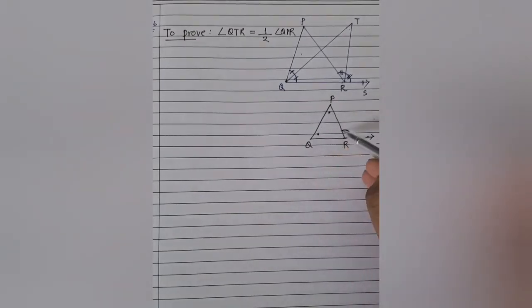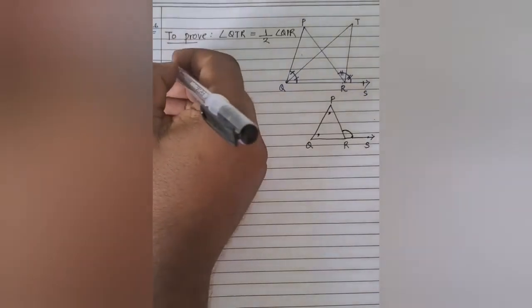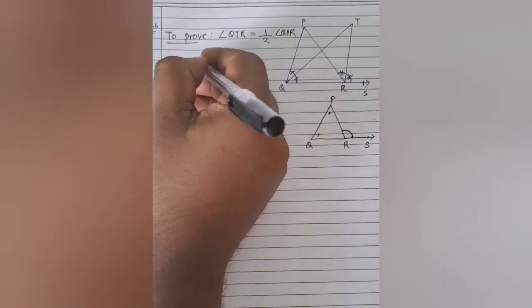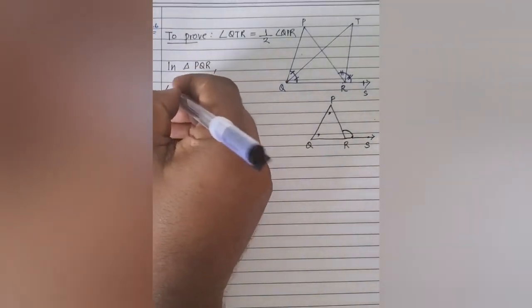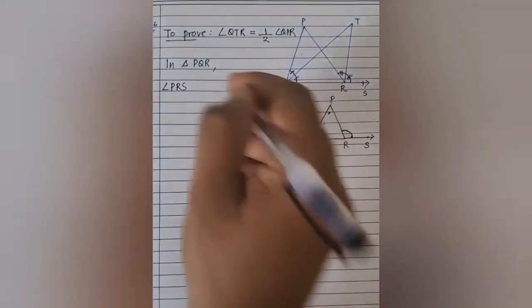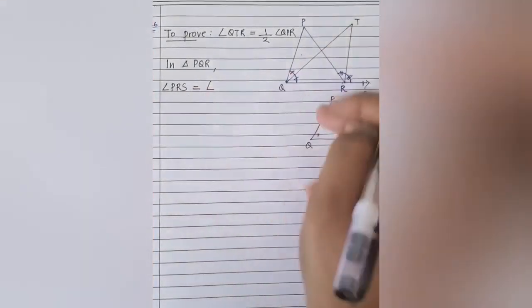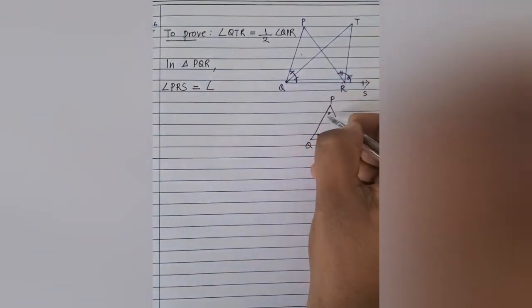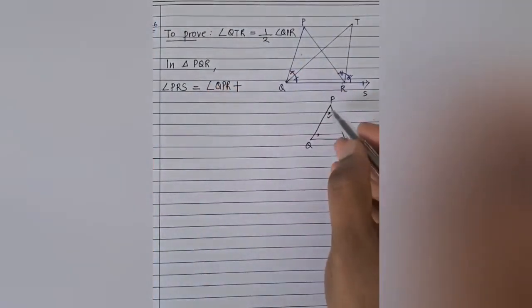In this case, the exterior angle R will be equal to the interior angles P and Q. So in triangle PQR, what shall I write? Angle PRS, that is this exterior angle, is equal to angle QPR, plus PQR.